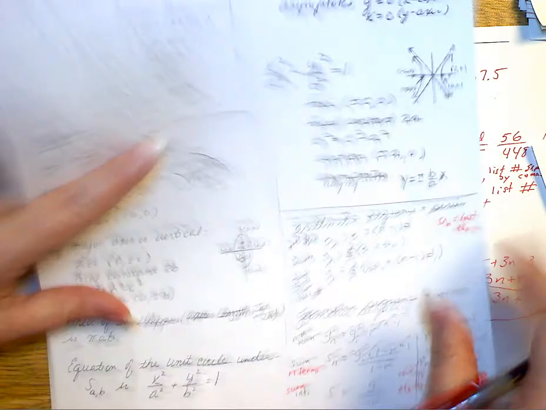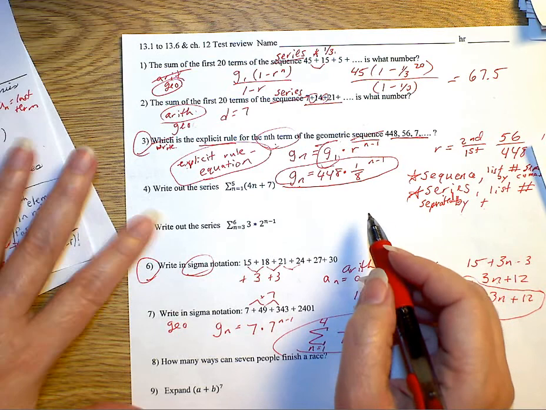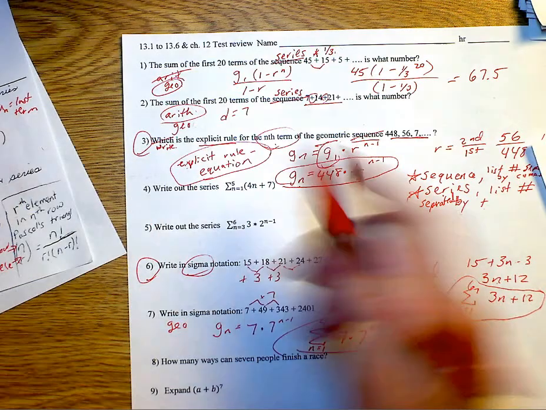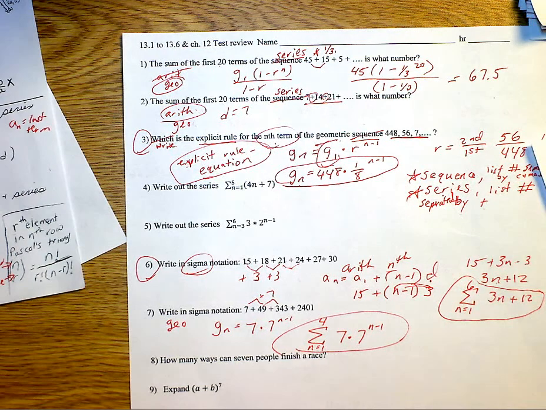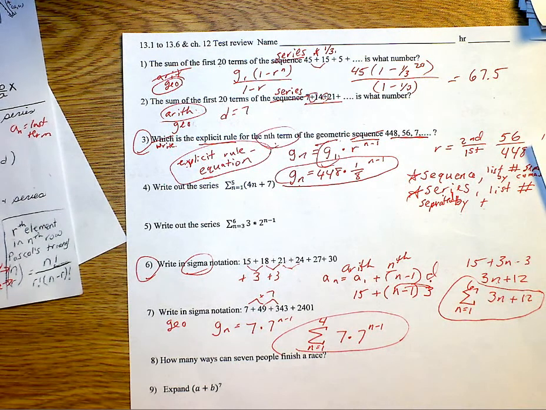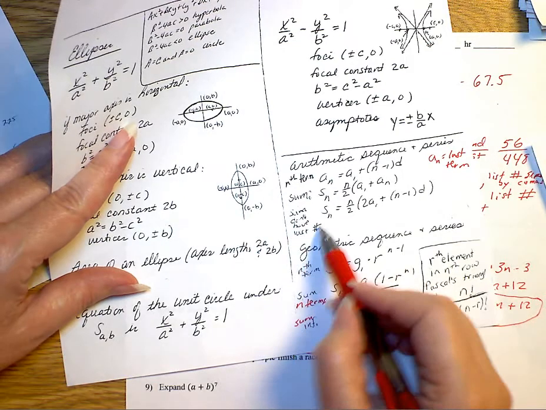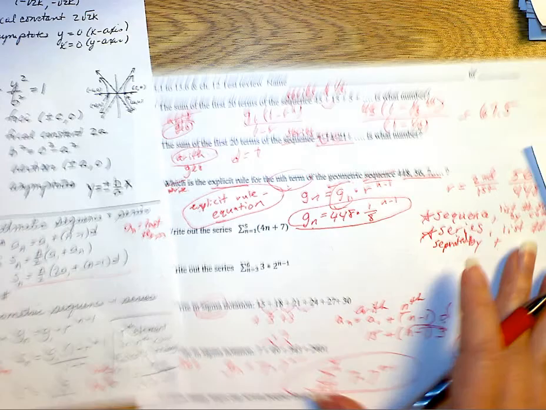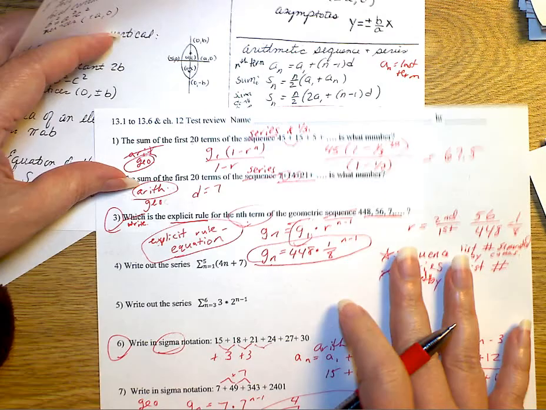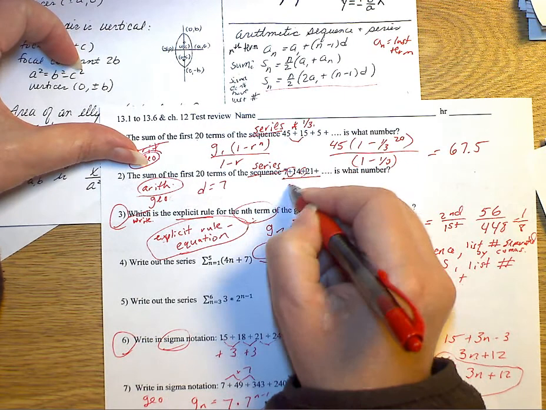So arithmetic sum. So I'm using this one right here because, actually, do I know the last term? Do you know what the 20th term is? No. So I am finding the sum. I don't know the last term. So I'm using this one right there. So it says the number of terms, which is 20, divided by 2.